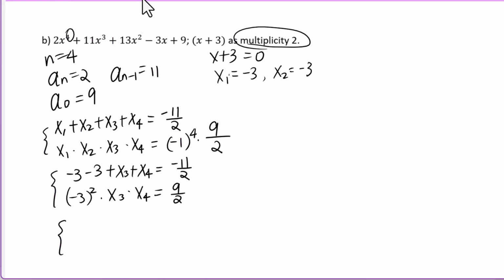Keep simplifying. Cross the river, change sign. -11/2 + 6 = positive 1/2.